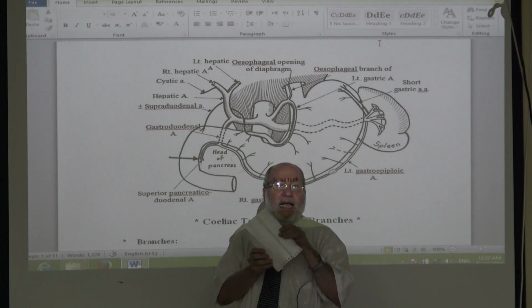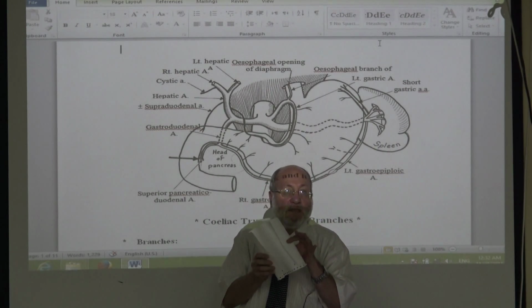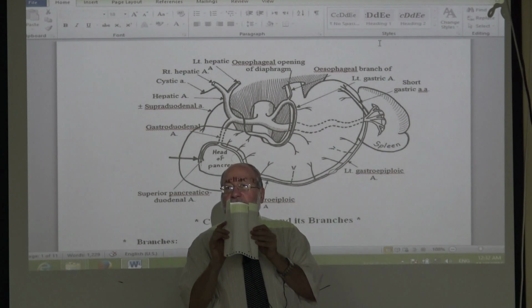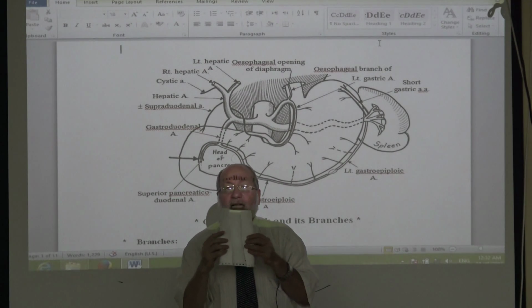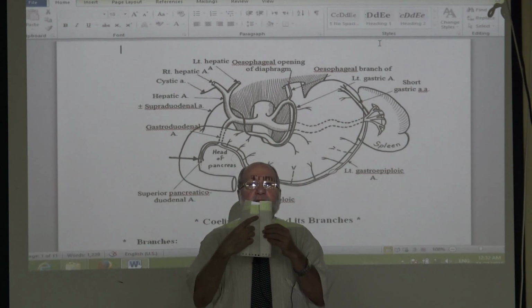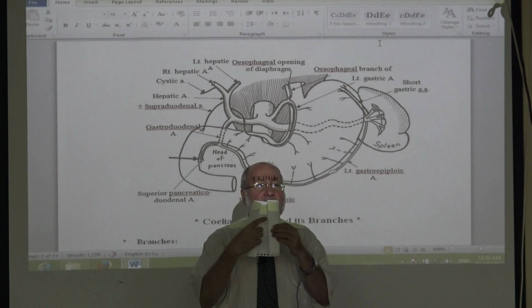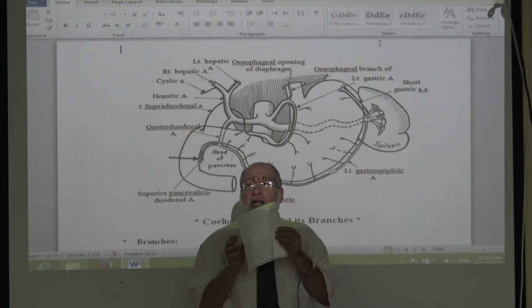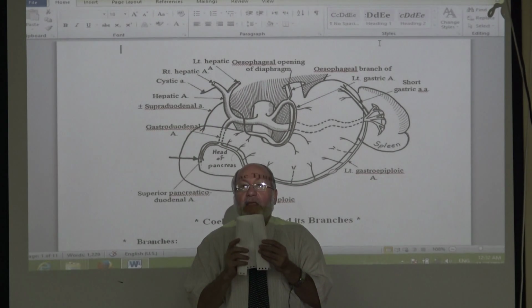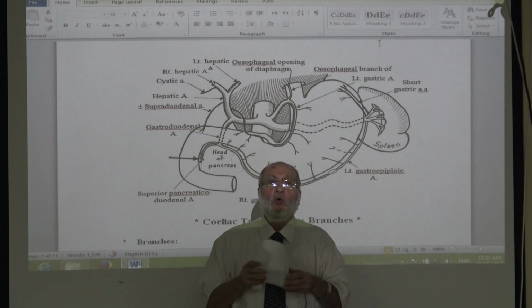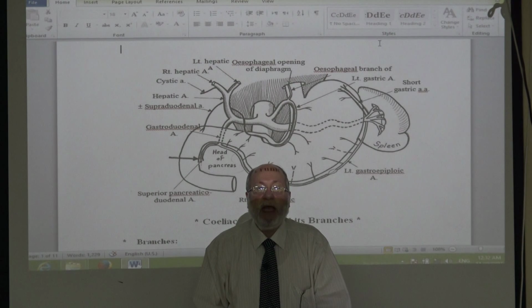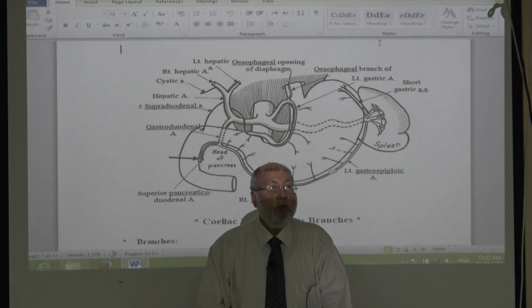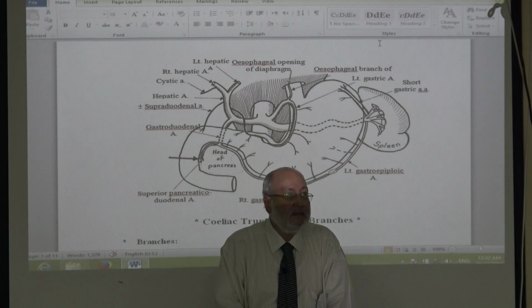The part of the gut in the head fold is called foregut. The part of the gut in the tail fold, hindgut. The part of the gut in between and opened here is called midgut. When the foregut is formed, its arterial supply is formed, which is the celiac trunk.